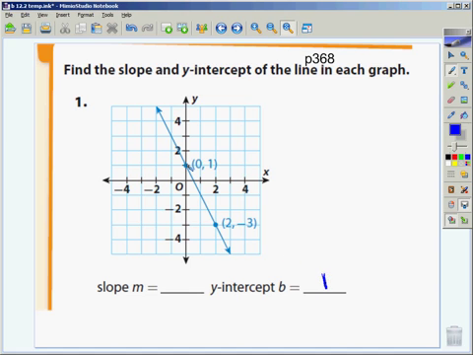I can look at it and clearly identify that y value where it's crossing the y-axis. Okay. When I have two ordered pairs on a graph like this, probably one of the biggest questions that I get as a teacher is which order do I need to write them down in? And does it matter? And the answer is, it doesn't matter.